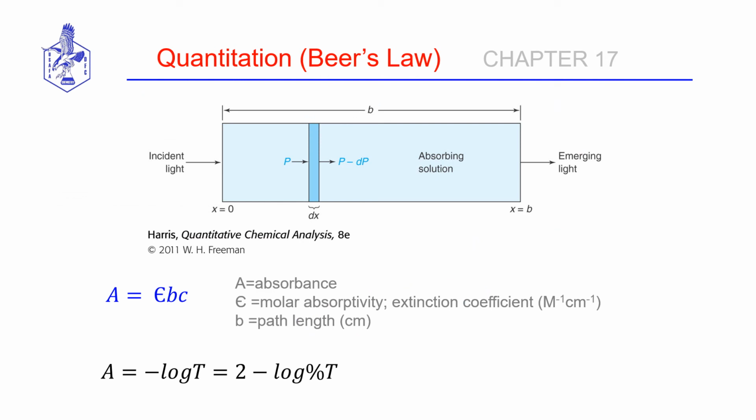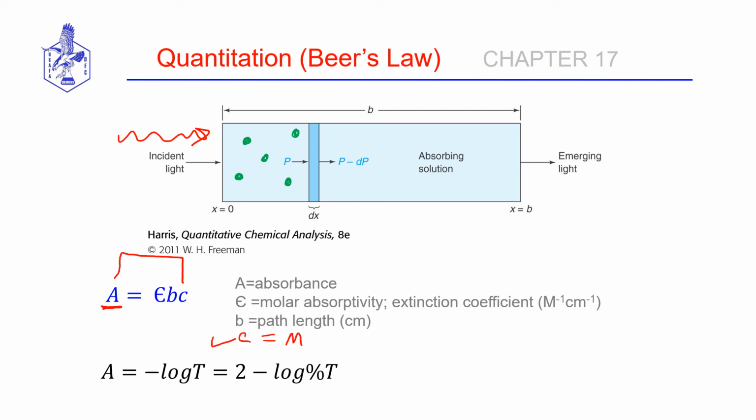So this is the equation for Beer's law. The absorbance of the sample is directly proportional to the concentration of my species of interest in molarity. So however many molecules I have per liter of solution, the amount of light that gets absorbed is going to depend on the concentration in molarity.